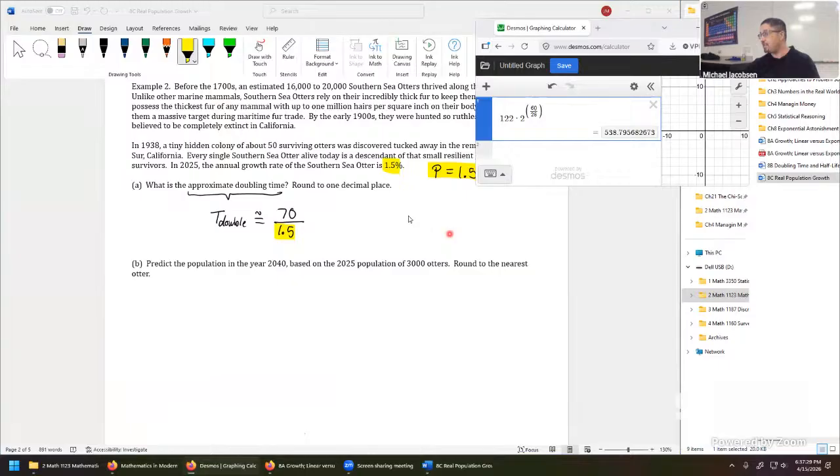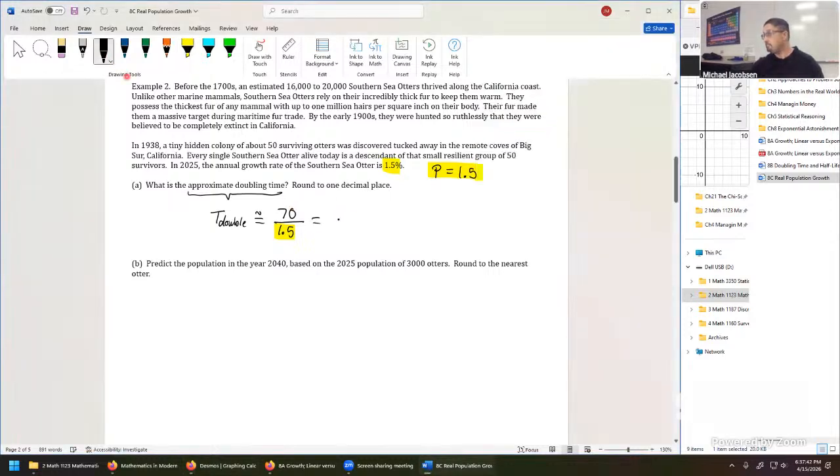So now we're ready for the calculator on this one, rounding it to one decimal place. 70 divided by 1.5 comes out to 46.7 years. So quite a lot of time, almost 50 years, for the population size to double. And that's telling us a lot.